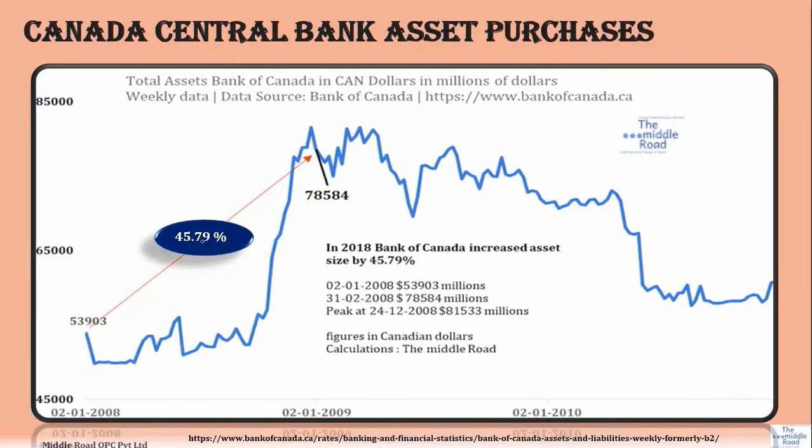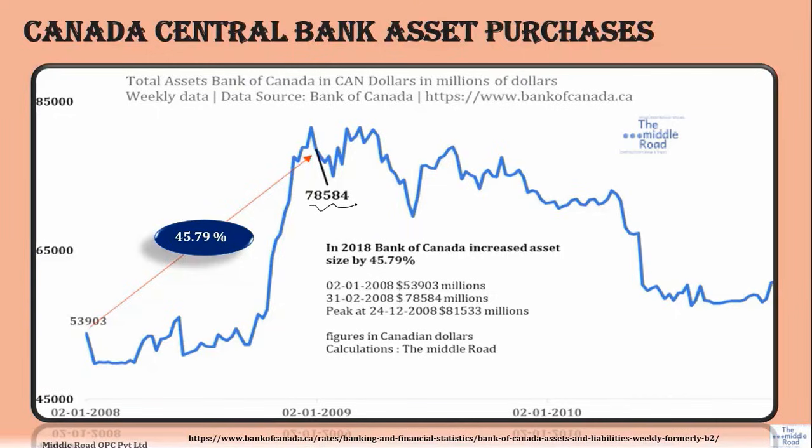So you see 40.79 has gone to the figure here, which I've given as 78584. So this gives you a fair bit of idea that in 2018, the Bank of Canada had increased asset size by 45.79% from the case of 2008, from the arrow which is mentioned.